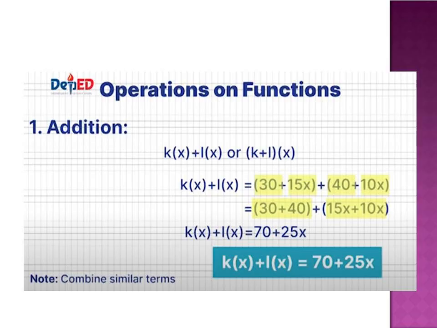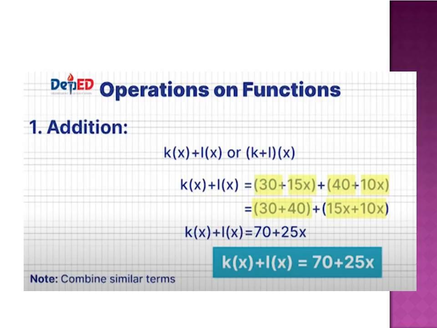Like how we add apples and oranges, when adding functions, we only add similar terms or those of similar categories. Thus, in this case, we can combine 30 and 40, while 15x can only be added to 10x.